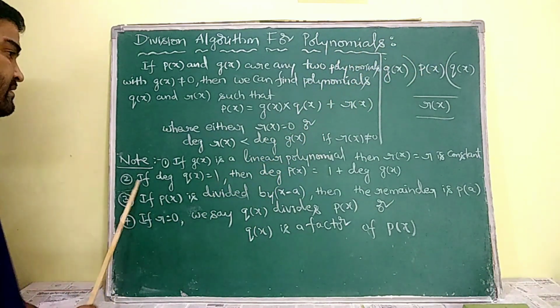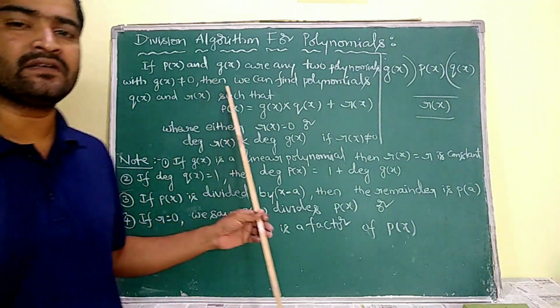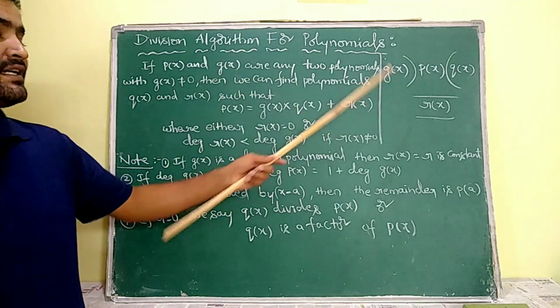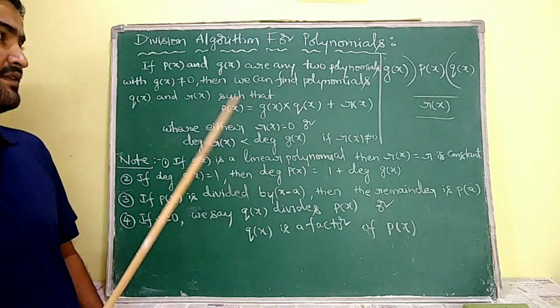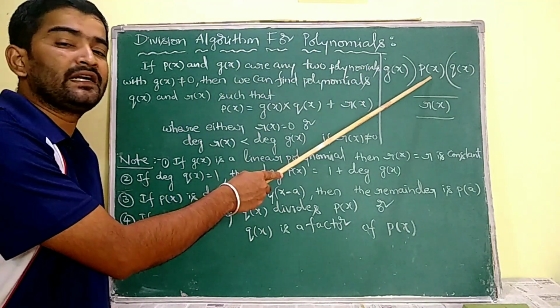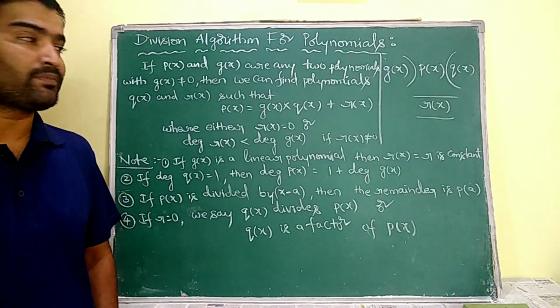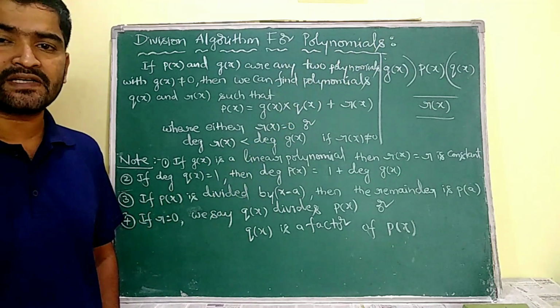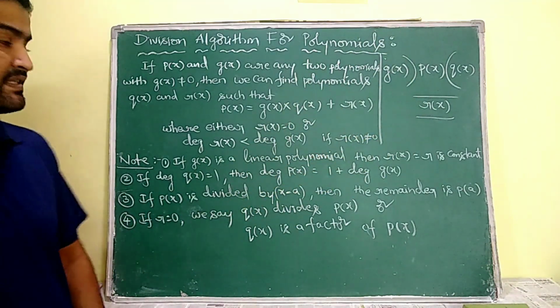Understand? So next, after defining this, we are going to discuss some points related to this division algorithm. The division algorithm is nothing but the dividend p of x is equivalent to the product of divisor g of x into quotient q of x plus remainder r of x.